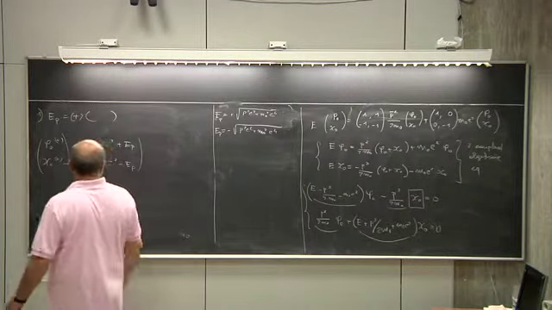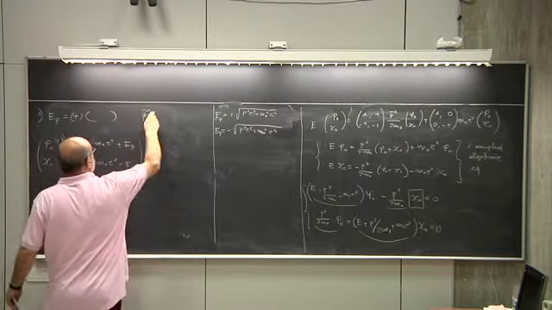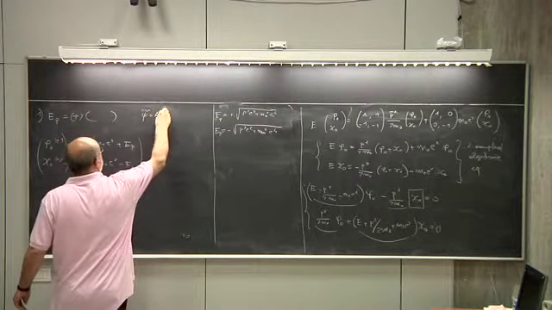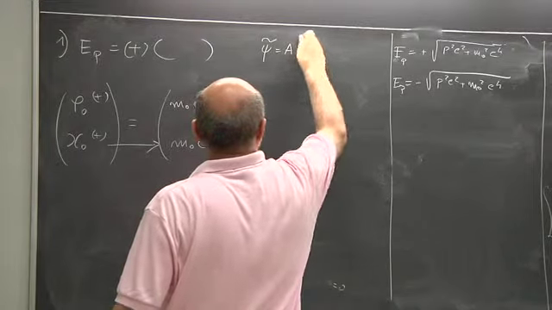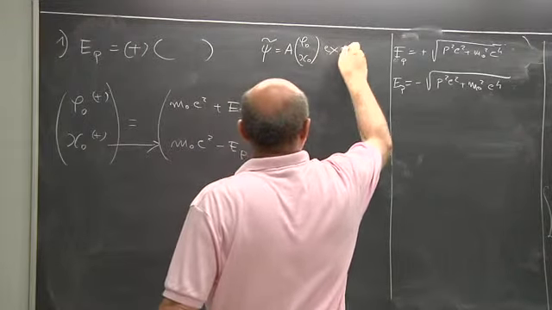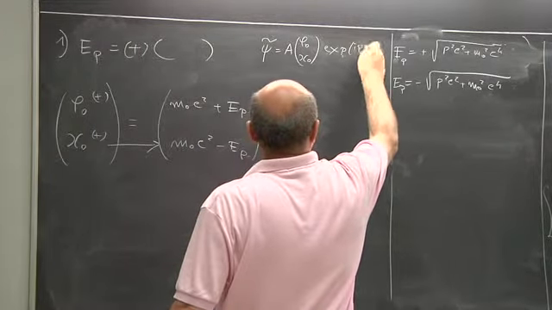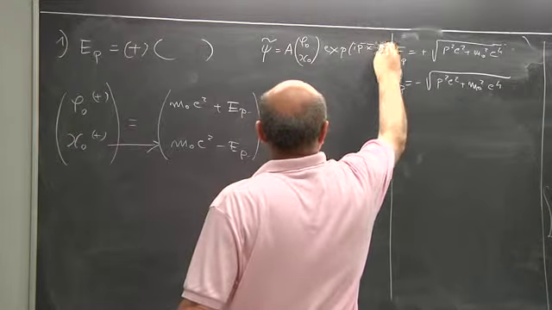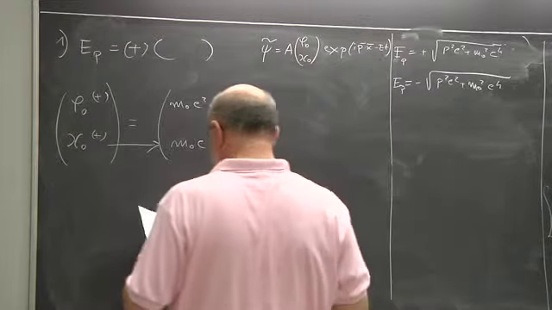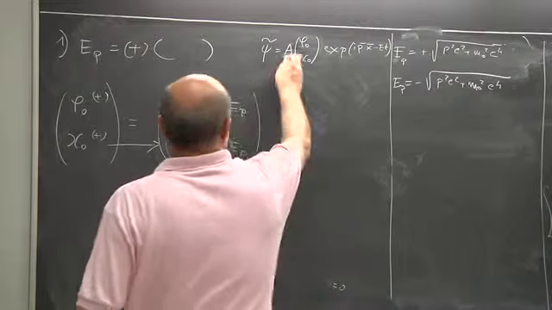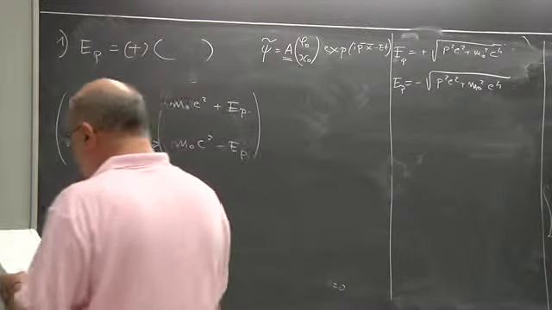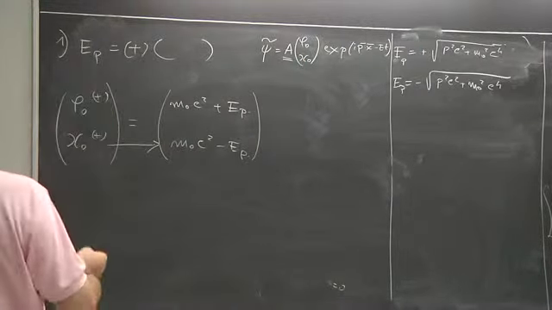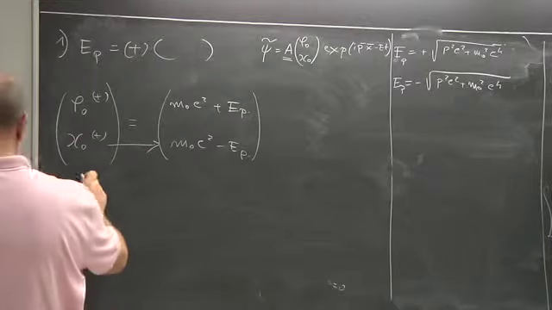Now, what is left? Remember, the solution was psi tilde equal A phi 0 chi 0 exponential i(p x minus E t). So there is A to be determined. Well, A you determine by normalization, but which normalization?